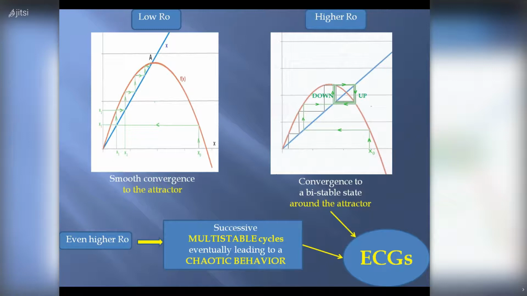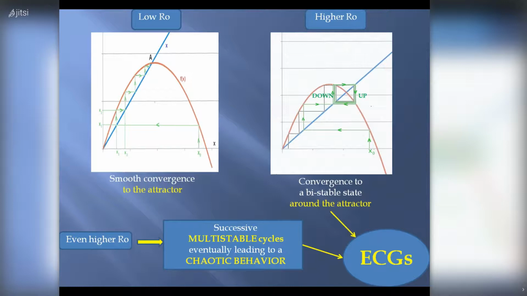But if you increase R0, the reproduction factor, then you may find something funny here. You start from x0 and you follow the staircase here, there, and there. And there, when you try to meet again the blue curve, well, you miss the attractor. And you have to come down here to a red curve.